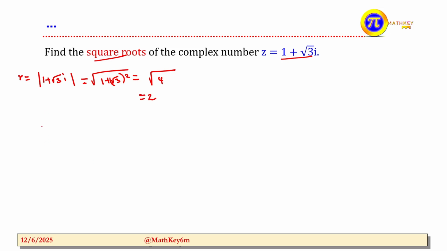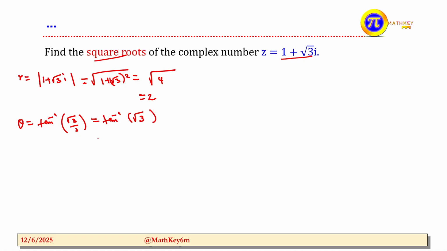Similarly, we can find our principal argument, theta, which is equal to tan inverse of the imaginary part, root 3, over the real part, 1, which is equal to tan inverse of root 3. What is tan inverse of root 3?